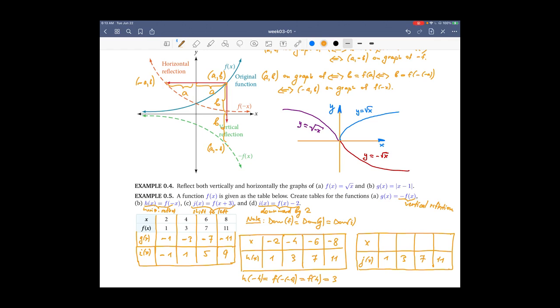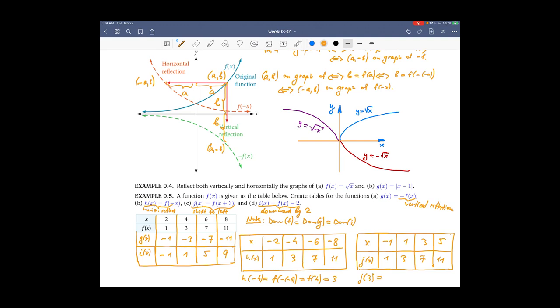So that'll give me -1, 1, 3, and 5. We can check why, for instance, j at 3 is 7.